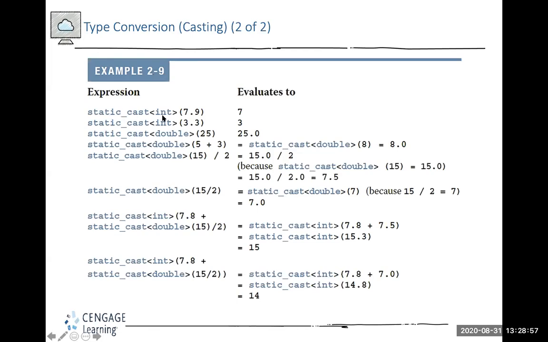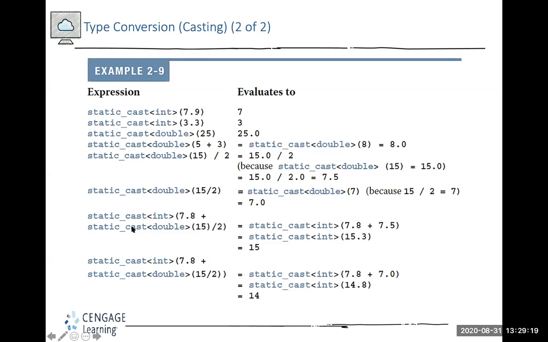So the static cast, this is from a floating point to an integer, and this is what you get. And then you can convert from an integer to a double. And then you can convert from an expression.